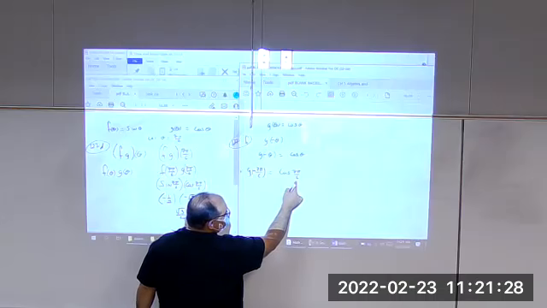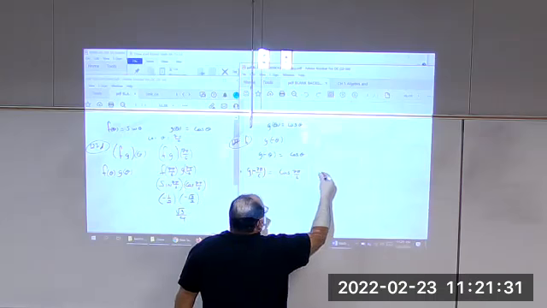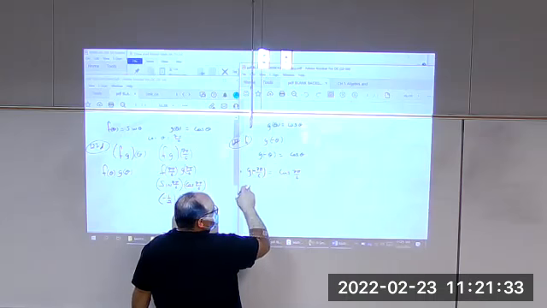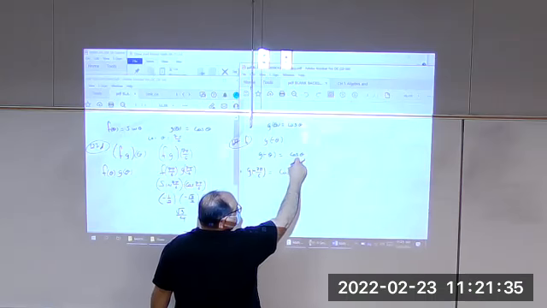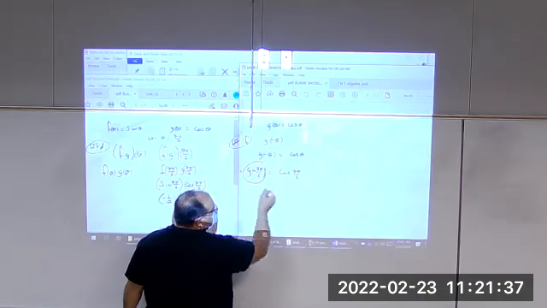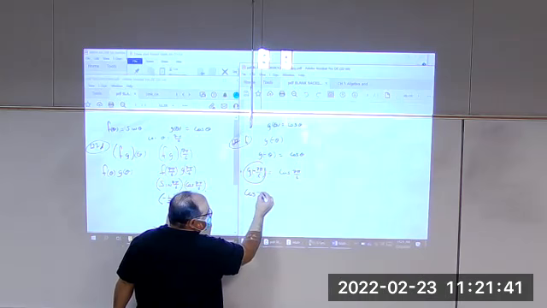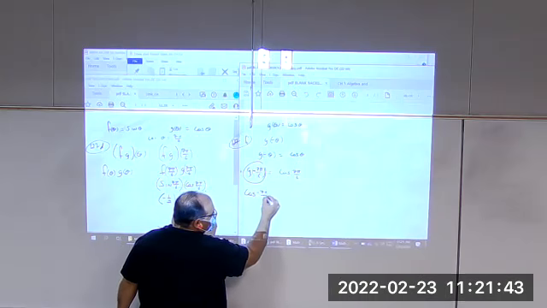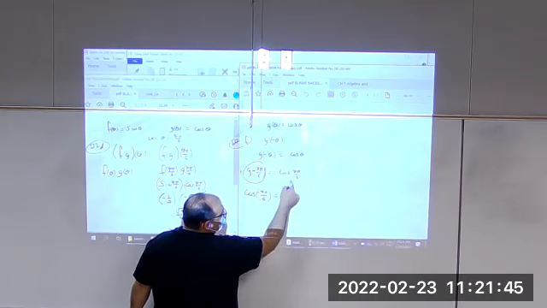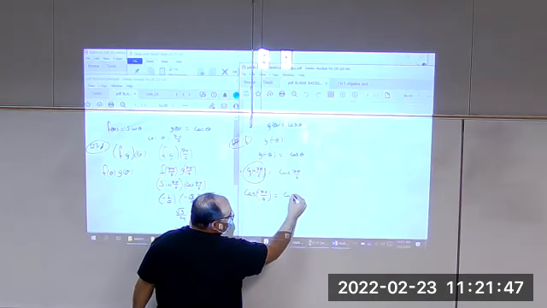Okay? But if I plug in negative 7 pi over 6 on this side, I get cosine of negative 7 pi over 6. And I want to compare that to what the positive would look like.